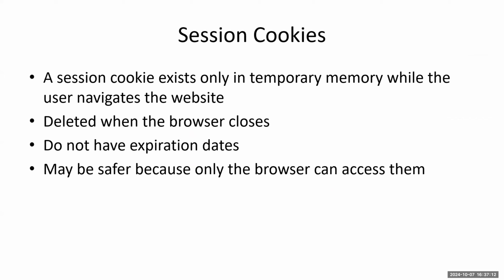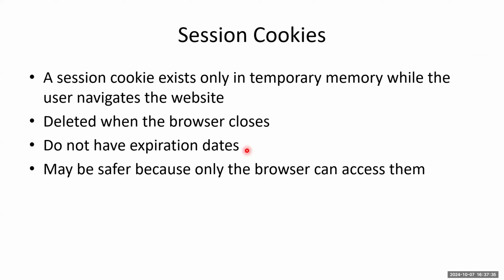There are two flavors of cookies. There are session cookies and persistent cookies. A session cookie is temporary. It lasts only for that session. When you go out to that website, it sends a cookie to the browser, and your browser uses that until you stop using that website, until you terminate the connection with that website, and then it goes away.